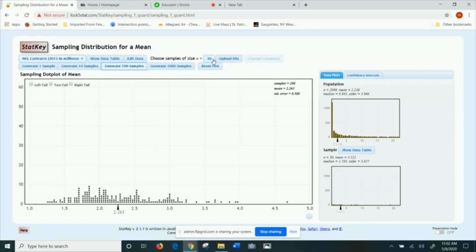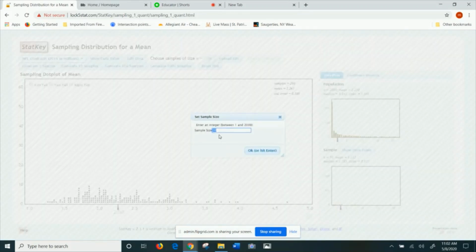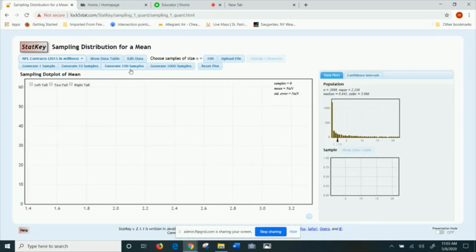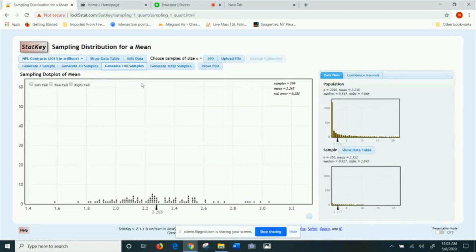Now, let's change the sample size from 30. Let me change it to 100, because our first question is, what happens when we change the sample size? I'll generate 100 samples. And the mean for this distribution of 100 sample means is still close to the population mean.